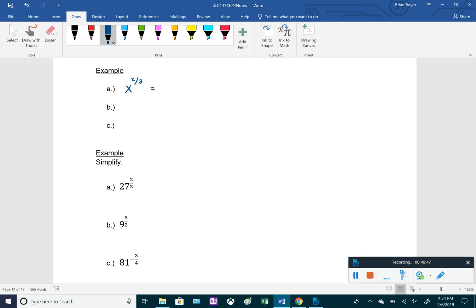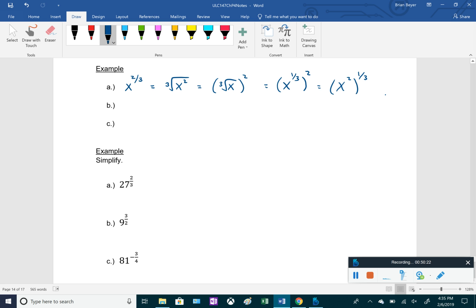We could rewrite this as the cube root of x squared, or the cube root of x and then squared, or with the exponents again as x to the 1/3 and then squared, or x squared and then to the 1/3. It's pretty awful, but you should know how to do all of those.